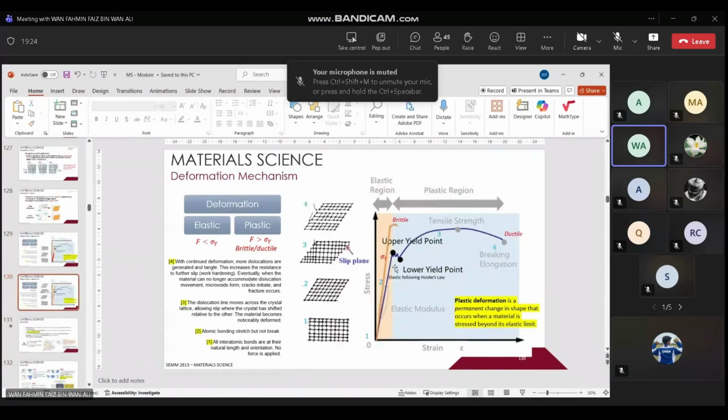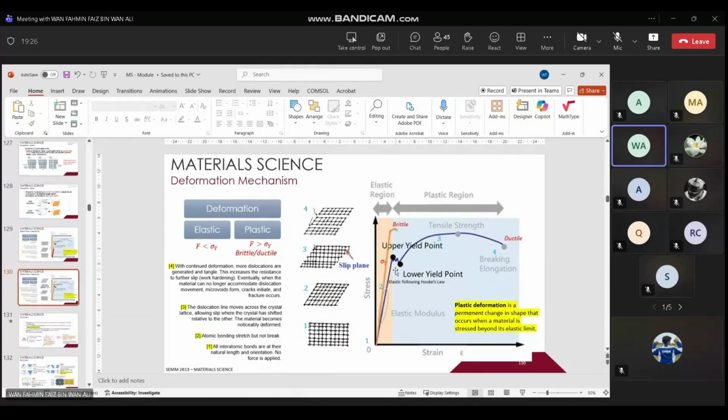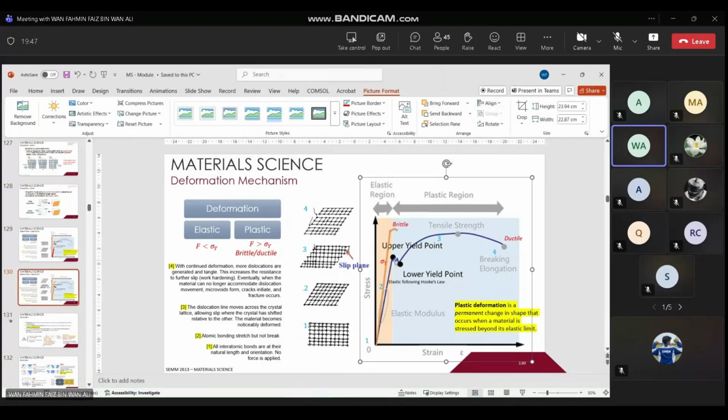Now we move on to the second criteria, or second deformation, which is plastic. For the plastic, let's start with the ductile deformation first. If you look at this diagram, it elongates, so we have elongation and changes in terms of strain here, meaning that it experiences ductile deformation.